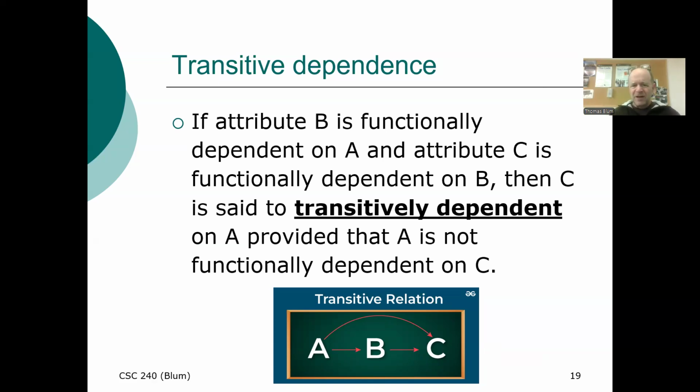If B is functionally dependent on A, so A gives you B, and if C is functionally dependent on B, so B gives you C, then we can say that C is transitively dependent on A. A gives you B, which gives you C, so A can give you C. If I know A, then I can determine C, again uniquely.